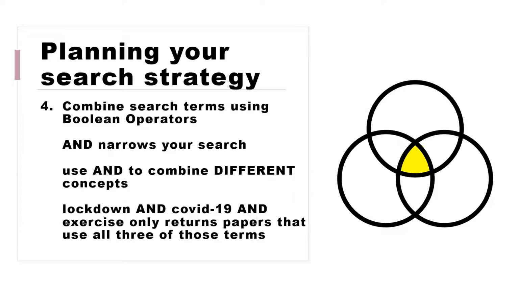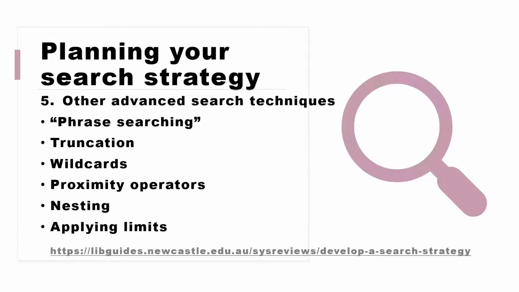And in order to create our search, we're actually going to use OR and AND in quite a complex way. We're going to put them together to make sure that we're broadening where we need to include all the different ways of describing our concept, both keywords and subject headings, but narrowing it or focusing it where we need to make sure that it includes all our concepts.